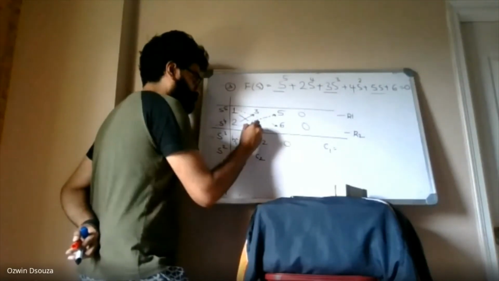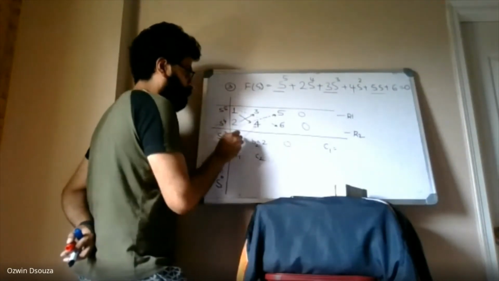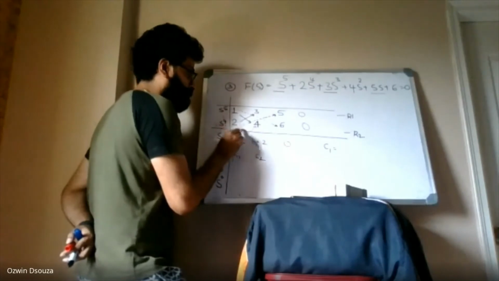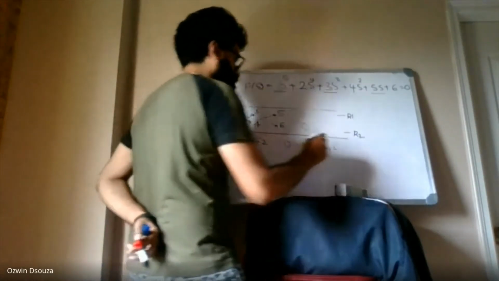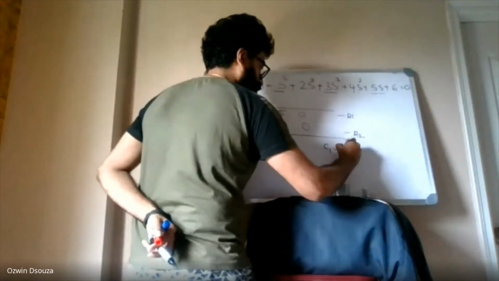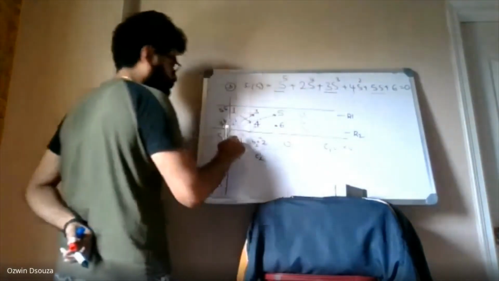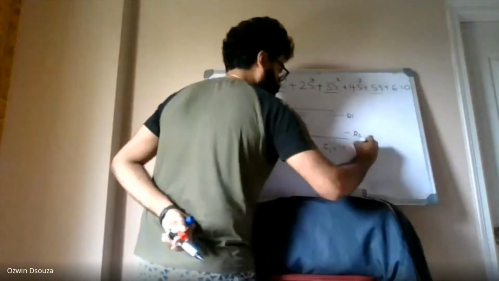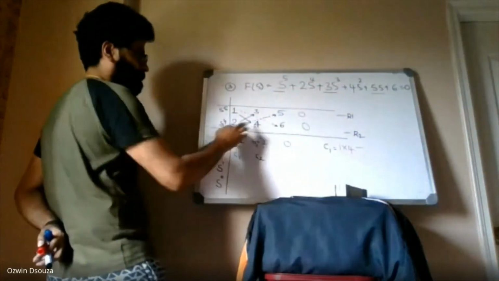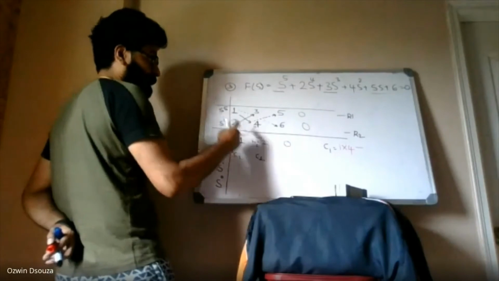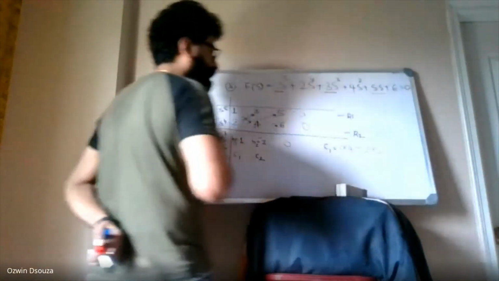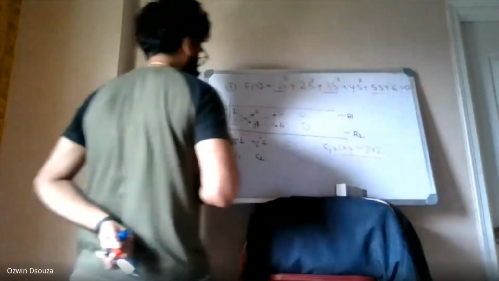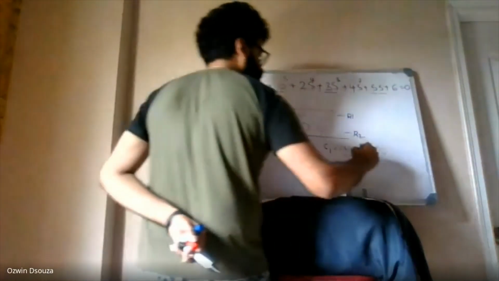That is 1 into 4 minus 2 into 2, divided by 1.